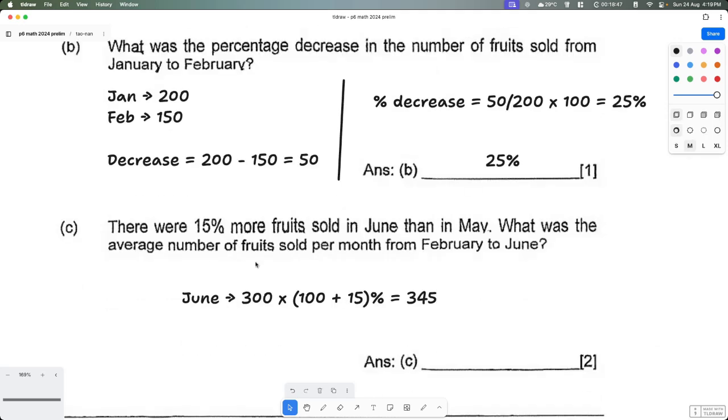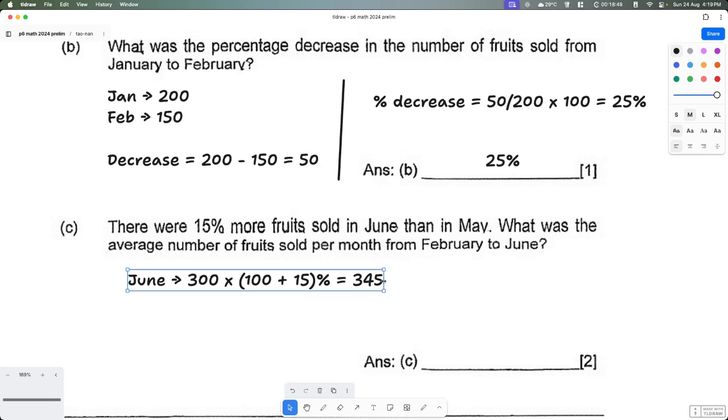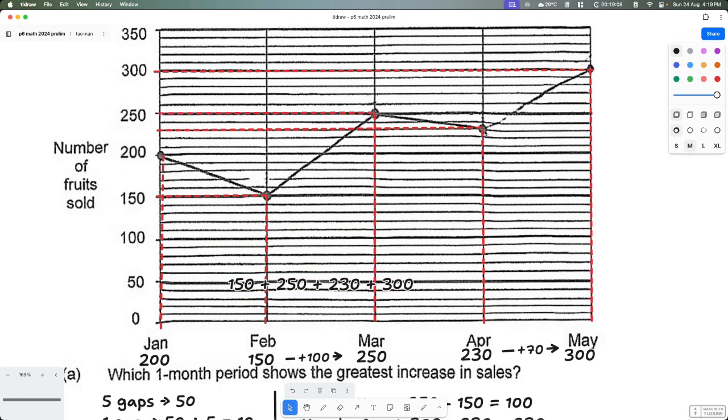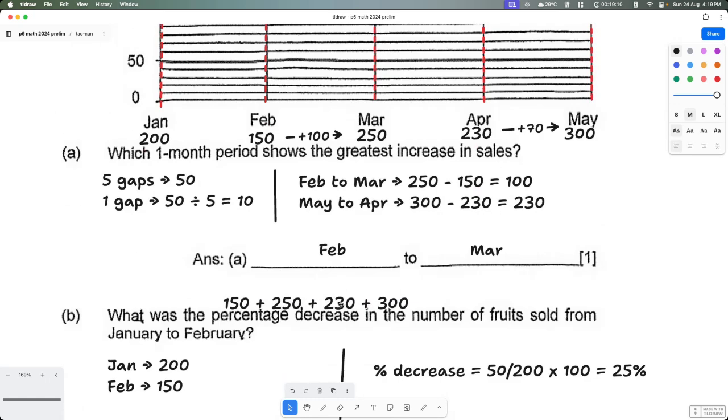Okay, so we want to get a total from February to June, which is basically 150 plus 250 plus 230 plus 300. Let's double confirm this 250. This is 230. Okay, great.